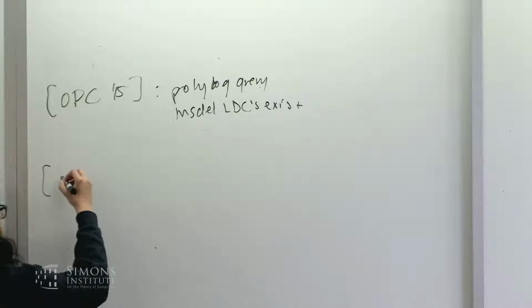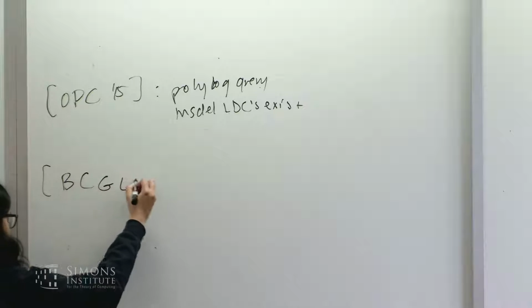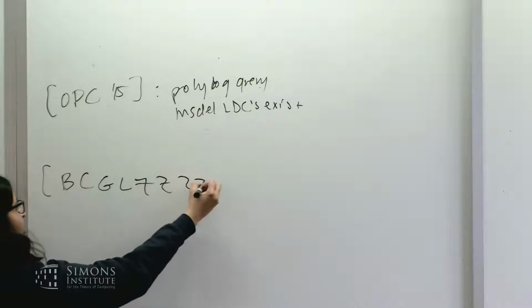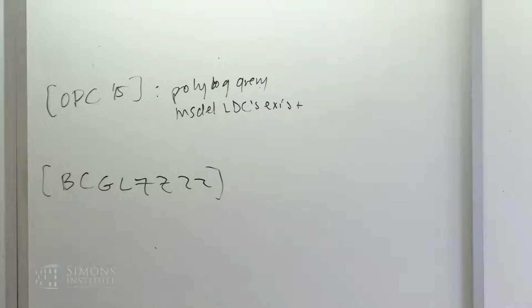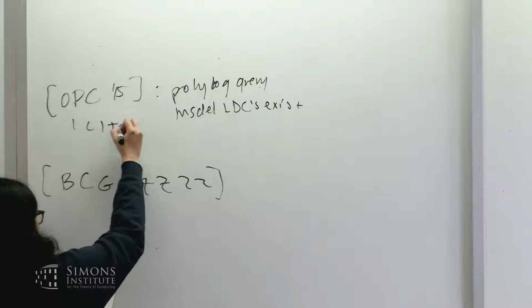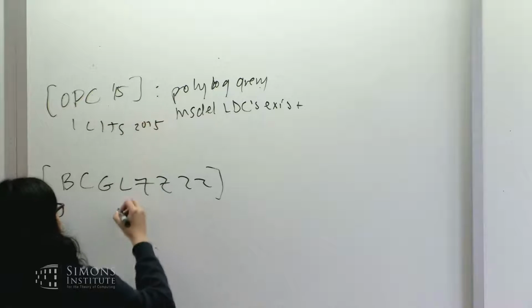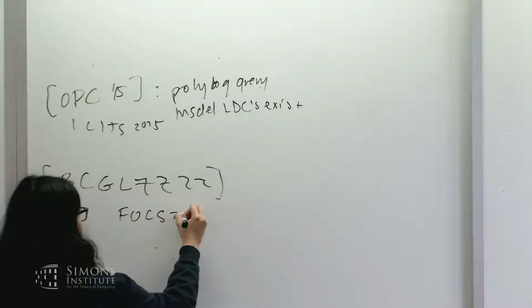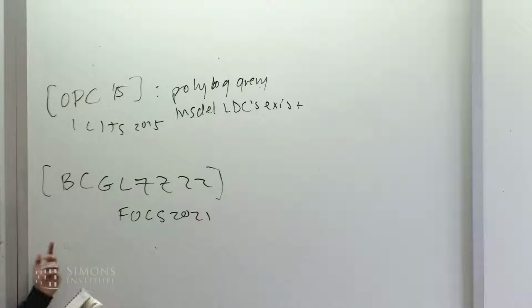Another work that's worth discussing is the work of Blocki, Chang, Grigorescu, Li, Zhang, and Zhu, from FOCS 2021 (the earlier one was ICITS 2015). This work showed that any constant query LDC has to be at least roughly exponential in length.